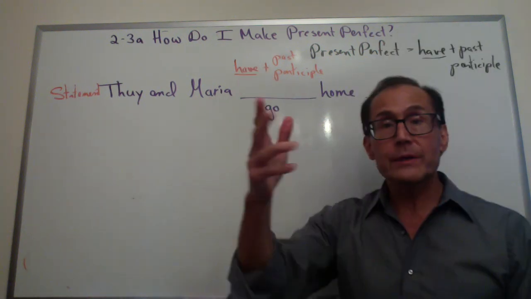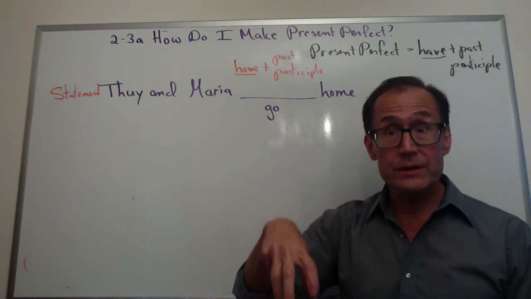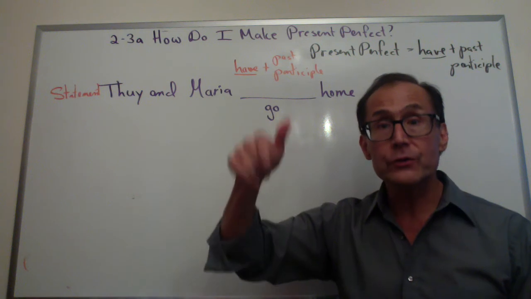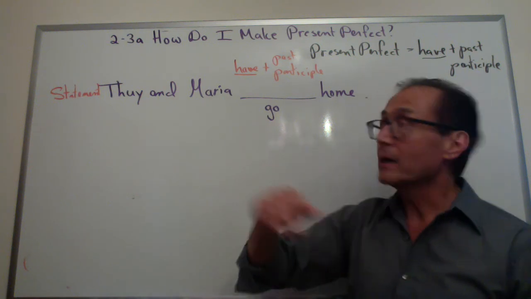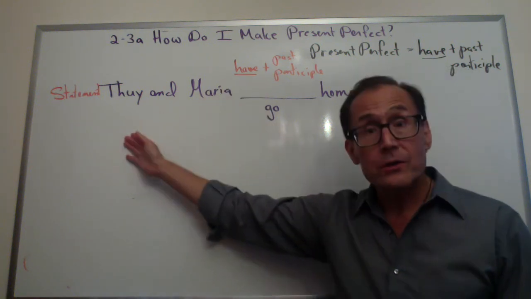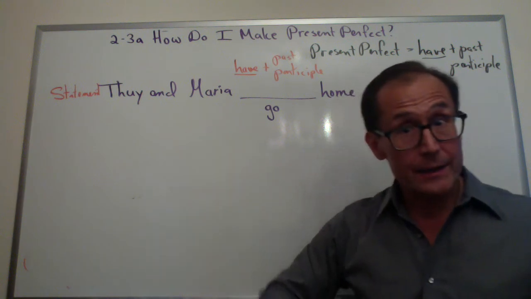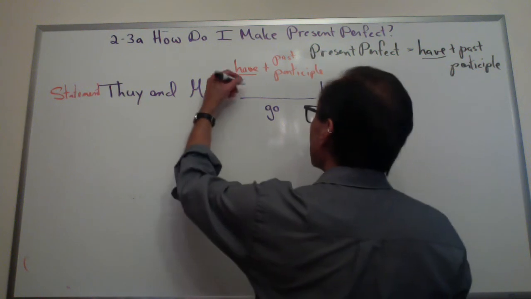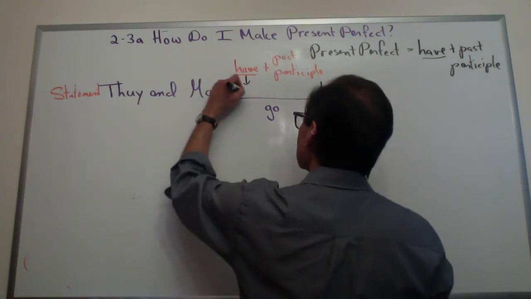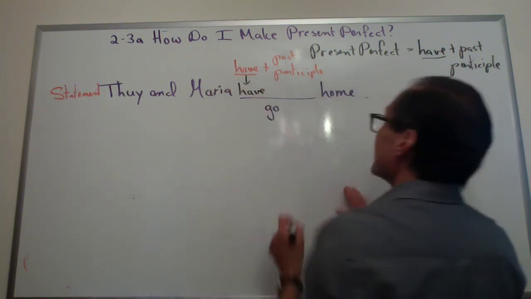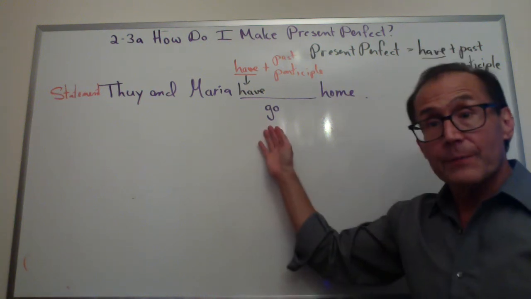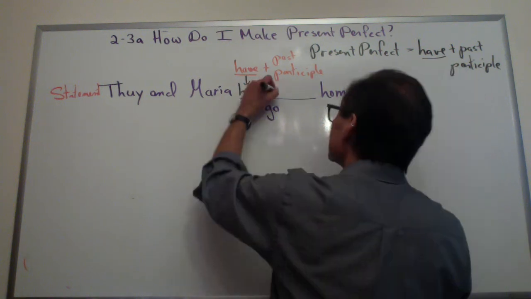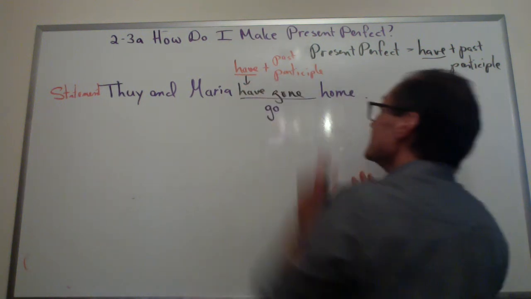Well, remember that we said he, she, it uses has, but everything else, I, you, we, they, will use have. So, Twee and Maria, it's a they, more than 2 people, or 2 people. So I will say have, not has. And then, past participle of go is gone. Very good.